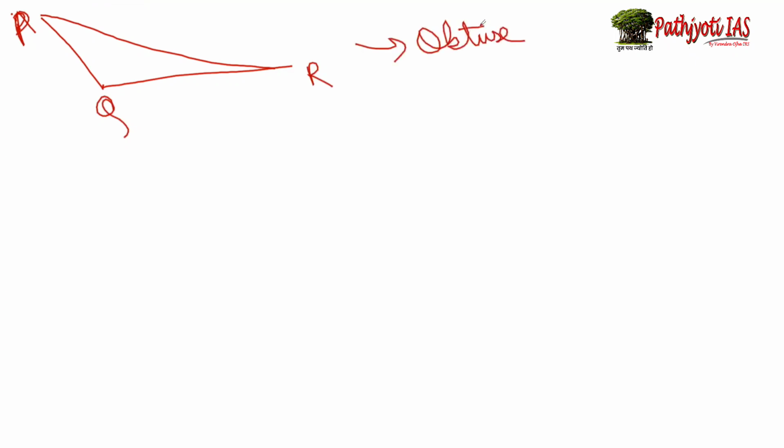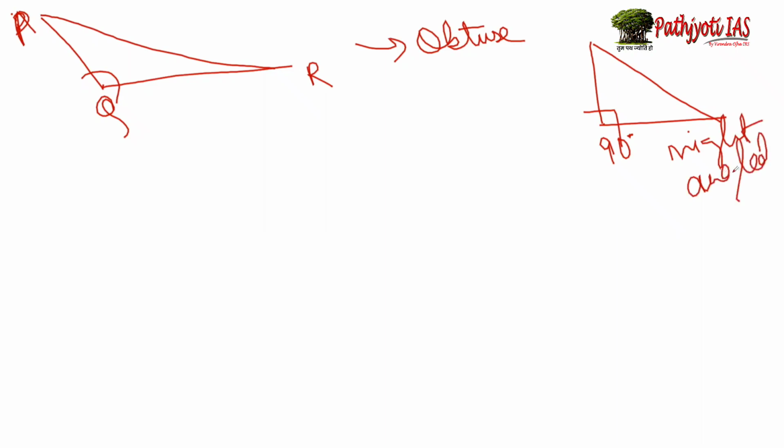If I'm considering this as a triangle, okay, let's change the name as P Q R, and this is an obtuse angle because ये जो एंगल है, ये आपको समझ आ रहा है. इफ दिस वाज राइट एंगल, लाइक जो इनका स्ट्रेट था, राइट, दिस वाज अ 90 डिग्री and this was a right angled triangle.